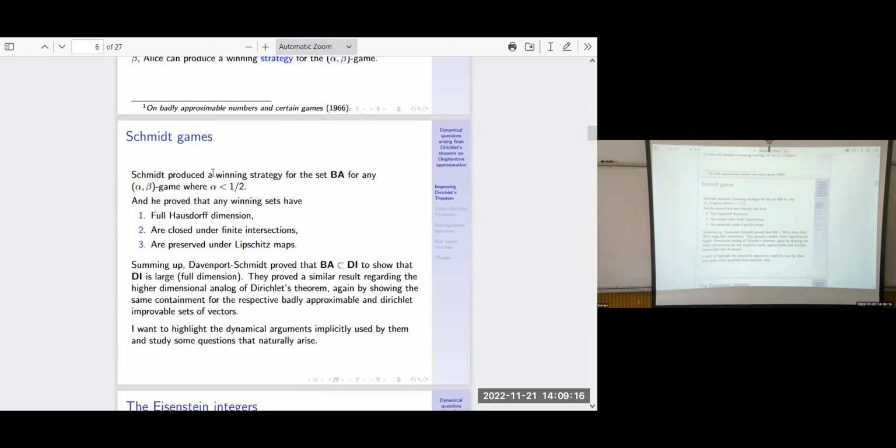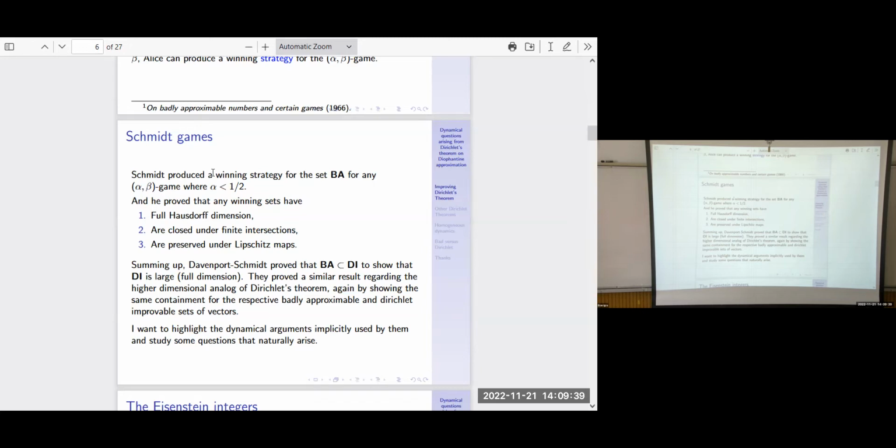Schmidt gave a winning strategy for BA with alpha less than half, so in particular BA has full Hausdorff dimension. More properties of winning sets: they're closed under finite intersections. If you have the same alpha, then countable, but if you have different alpha, then that's why it's okay.